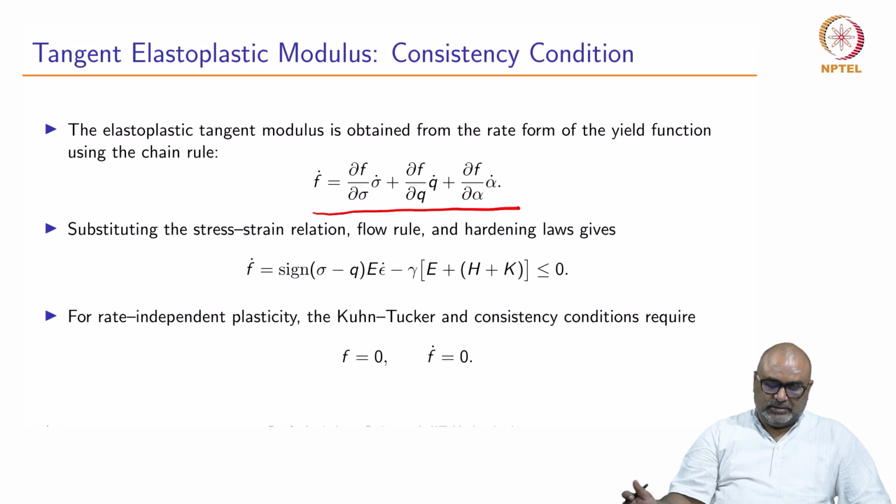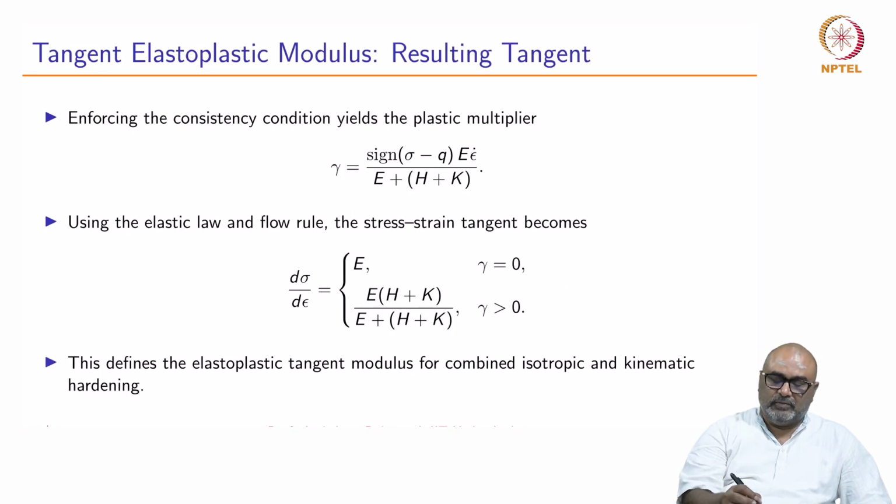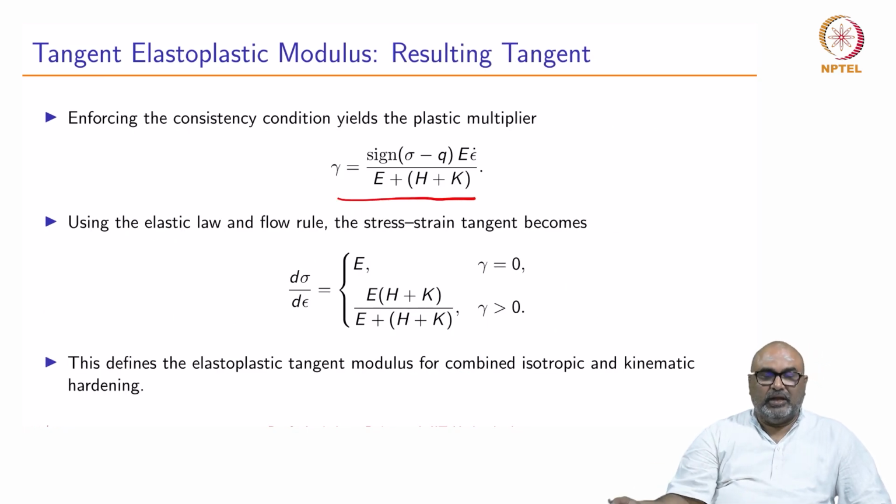Substituting this in the stress strain relationships and following f dot must be less than or equal to 0, and for rate independent plasticity following the Kuhn-Tucker condition and consistency condition that f dot is equal to 0 will give us the plastic multiplier. Gamma is equal to sign of sigma minus q, E times epsilon dot by E plus h plus k.